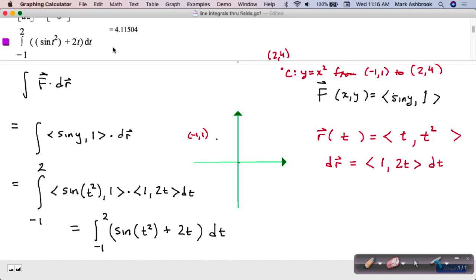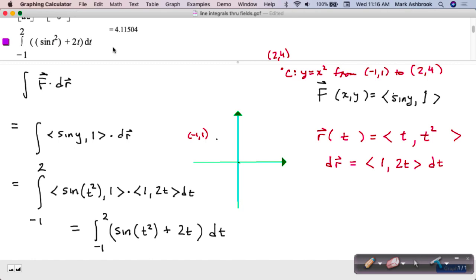Positive 4.11, which we predicted. And had we gone the other way, we get equal and opposite work, right?